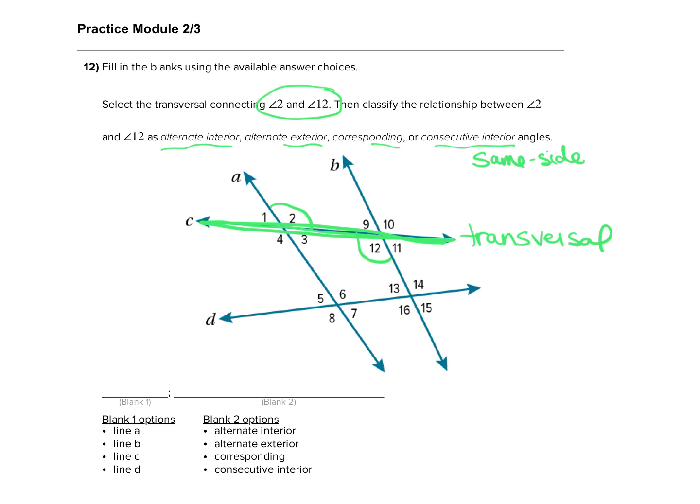Because they're on opposite sides of the transversal, they are alternate, and they are in between these 2 lines. So that makes them alternate interior angles.